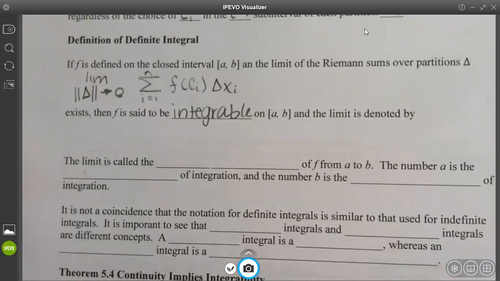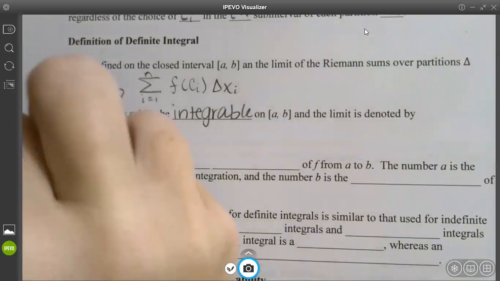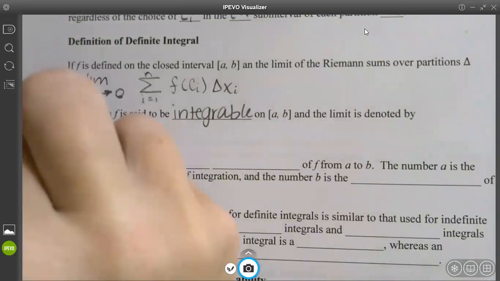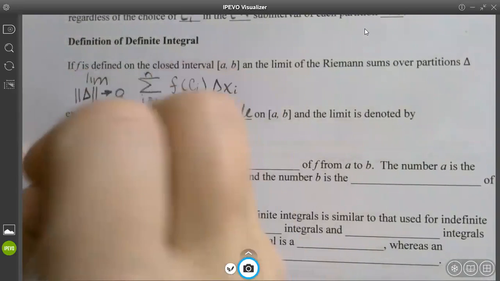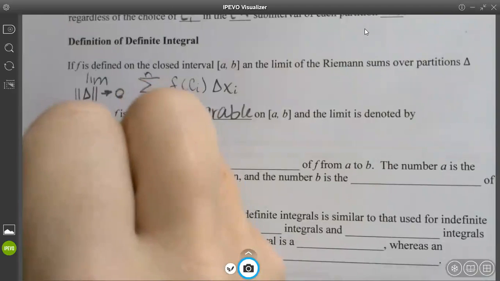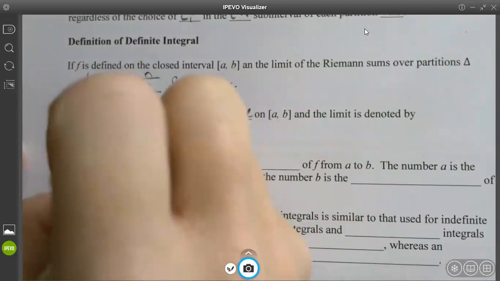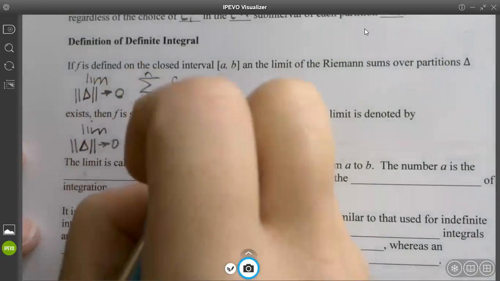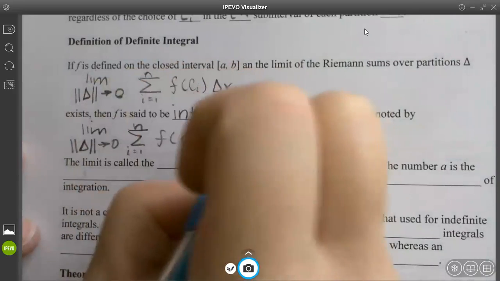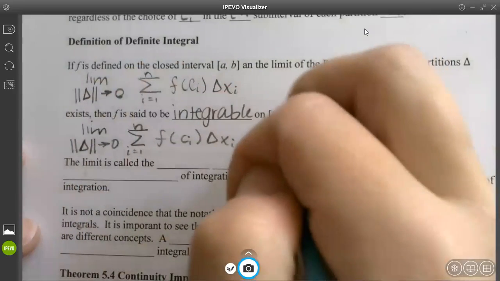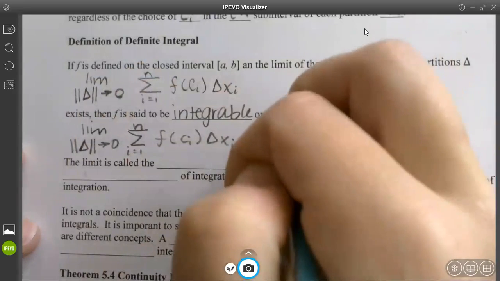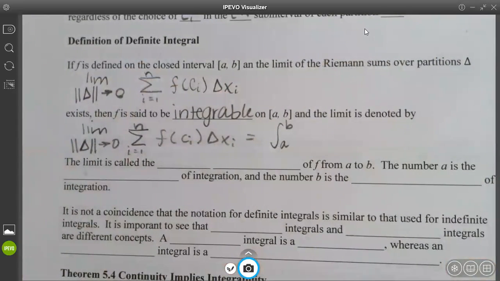We write the same exact thing that we just wrote, and then there's going to be an equal part at the end. So the limit as that delta approaches 0 of the sum from 1 to n of f of ci delta xi is going to be equal to the integration from a to b. So that's what we're doing today.